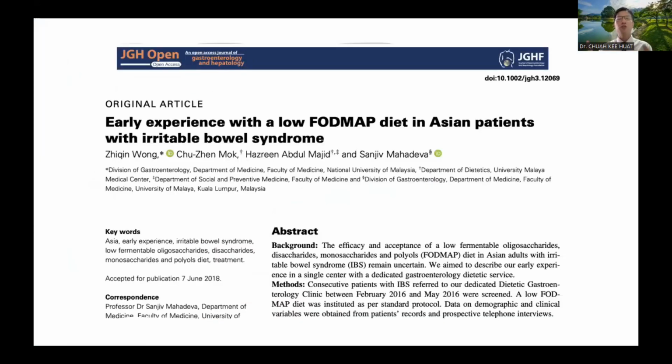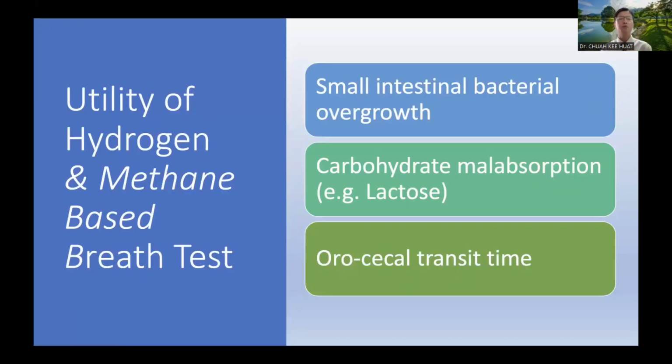However, lactose restriction may not completely improve the symptoms of IBS patients, whereas, in contrast, if the patient is introduced to a low FODMAP diet, whereby one of it is lactose and also other fermentable disaccharides and monosaccharides, it will improve the IBS symptoms much better, up to 70%.